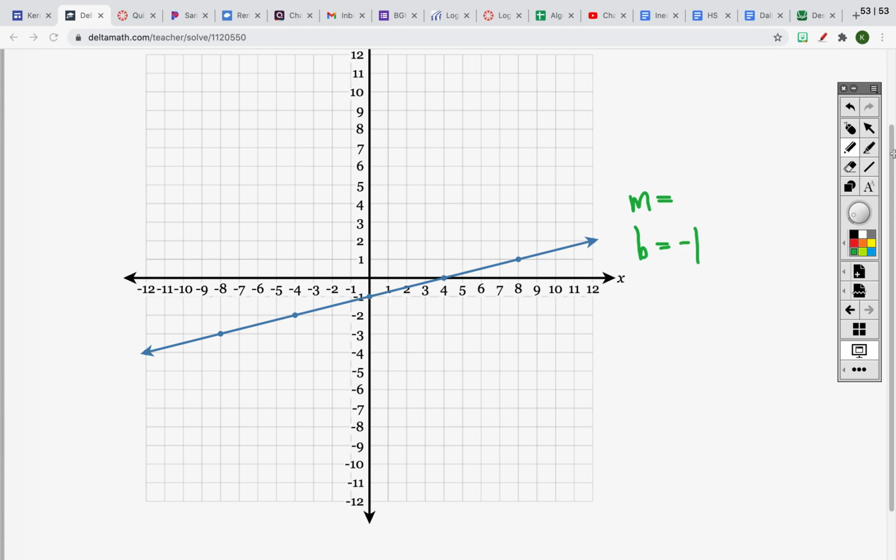The m, we just did practice skills from, you go up and to the right. So again, you go up and to the right. How many boxes did I go up? I went up 1. How many boxes did I go to the right? 1, 2, 3, 4.